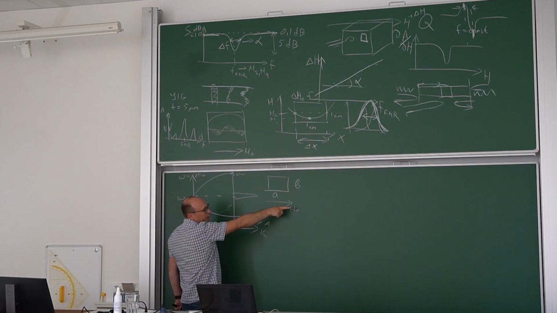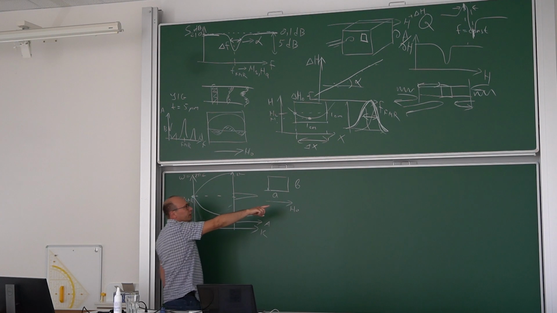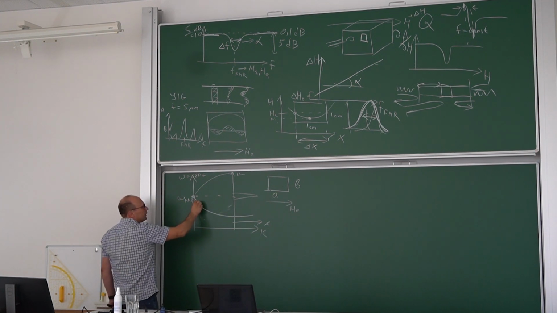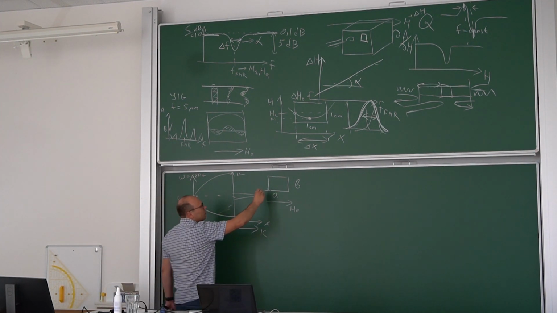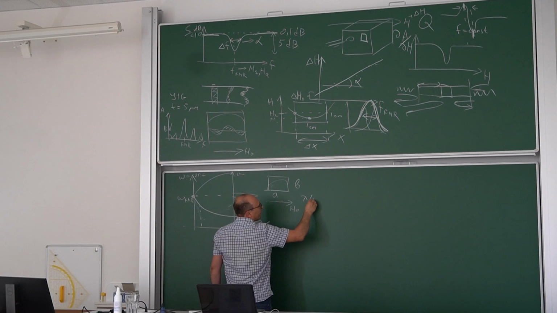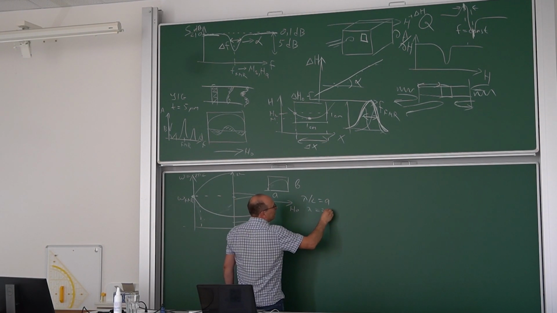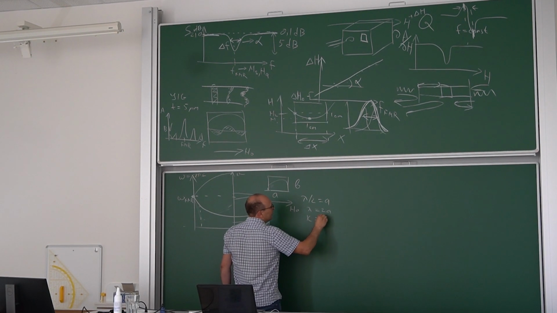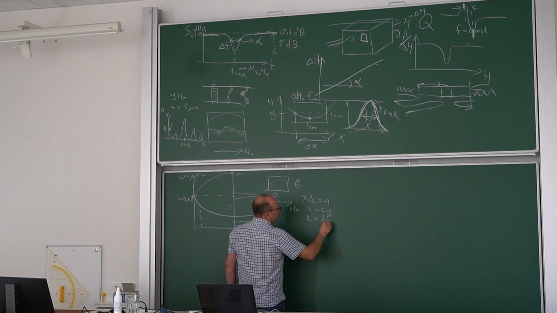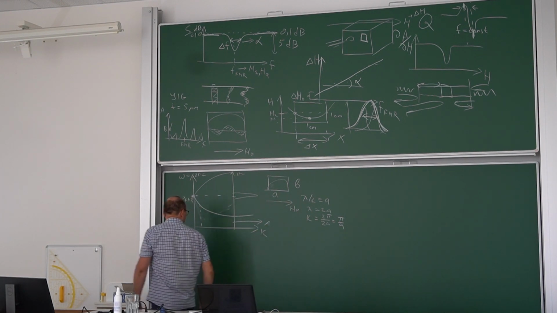Now, if I look in this direction of the backward volume wave, which propagates, or in this case is standing, along the field H0, then the first mode will be when lambda over 2 is equal to A. So lambda is equal to 2A and K is equal to 2 pi over lambda, which is pi over A. This is by definition 2 pi over lambda.